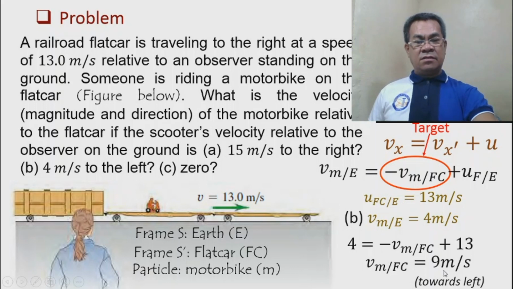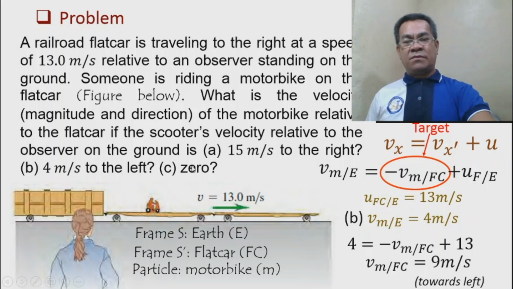It's true. It looks faster, but according to the observer on Earth, its velocity is only 4 meters per second. But according to the observer in the moving train, it's 9 meters per second.